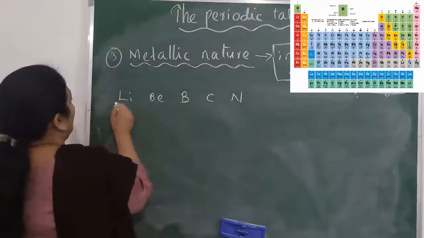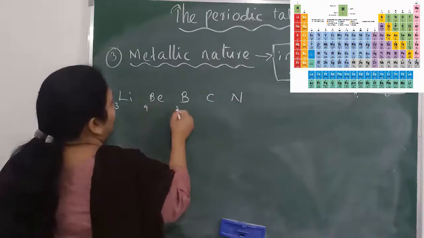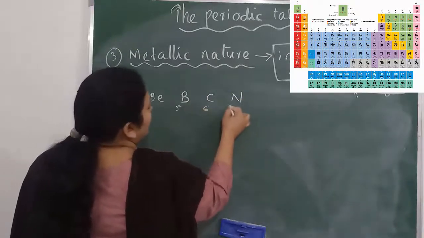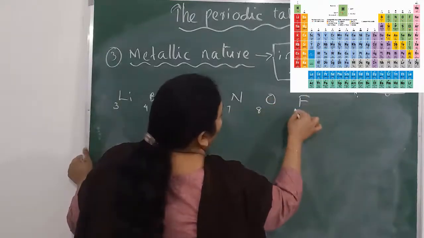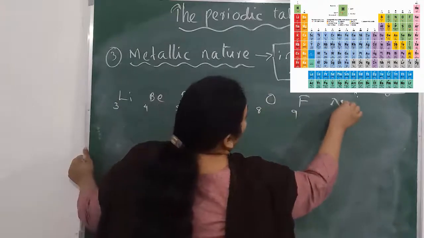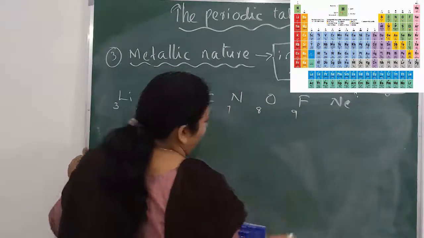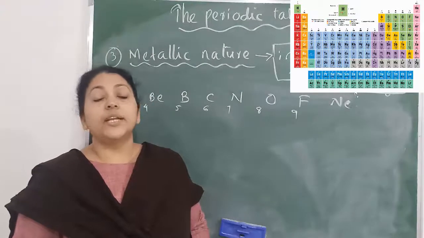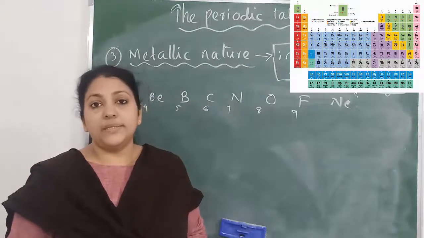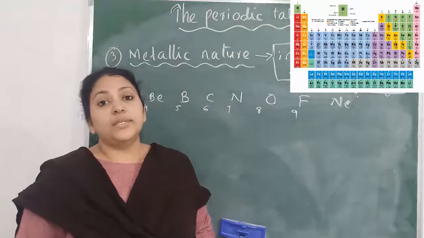I'll write the atomic numbers 3, 4, 5, 6, 7, oxygen, fluorine and neon.